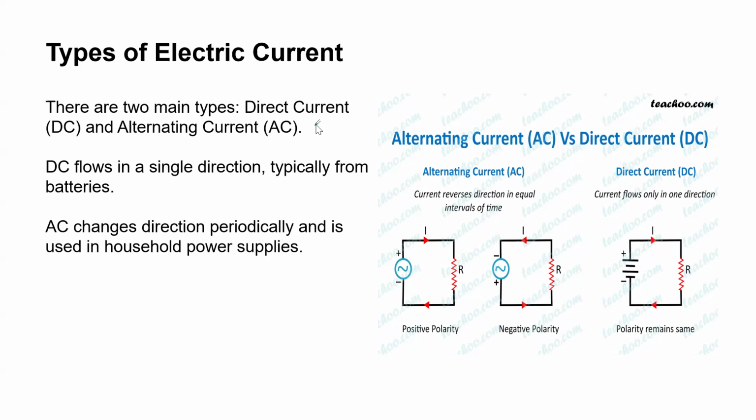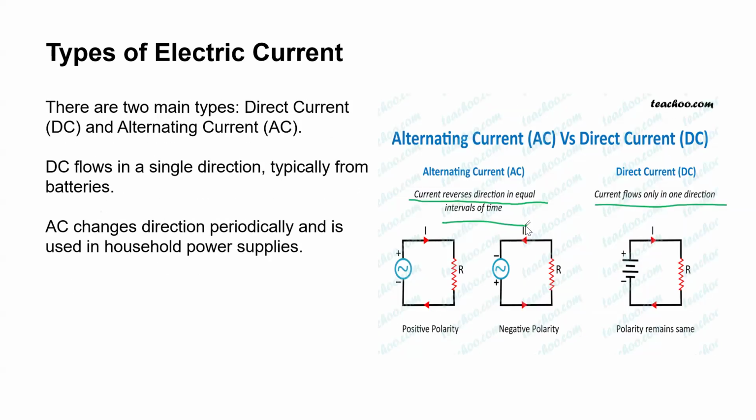So it changes direction periodically, and it is mostly this alternating current that we use in our houses, in our household power supply. Direct current flows in only one direction, while alternating current reverses direction in equal intervals of time. So these are the two types of electric current.